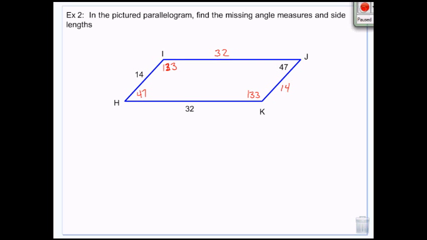Anybody want to know why? Okay, if you're talking about a parallelogram, I'm going to have to get rid of my shape. What I have is two parallel lines cut by a transversal.